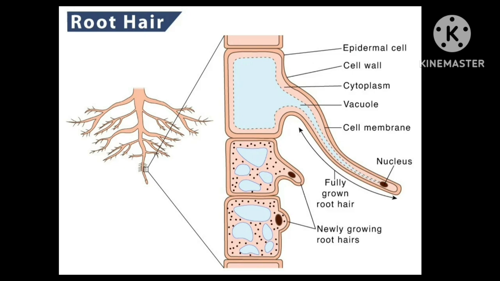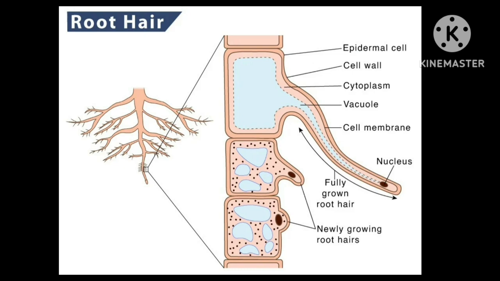So, the high concentration is inside and low concentration is outside. So, water moves through the semi-permeable membrane into the cell. This process is known as osmosis. We will discuss osmosis in the next portion of this video.